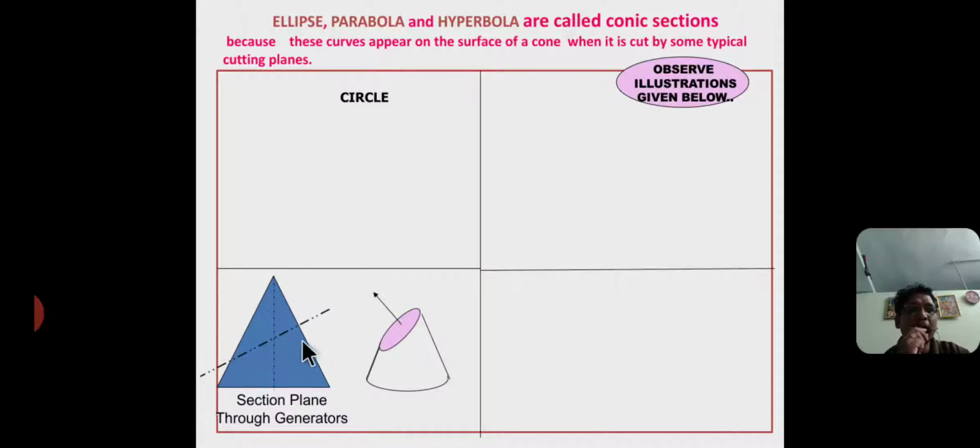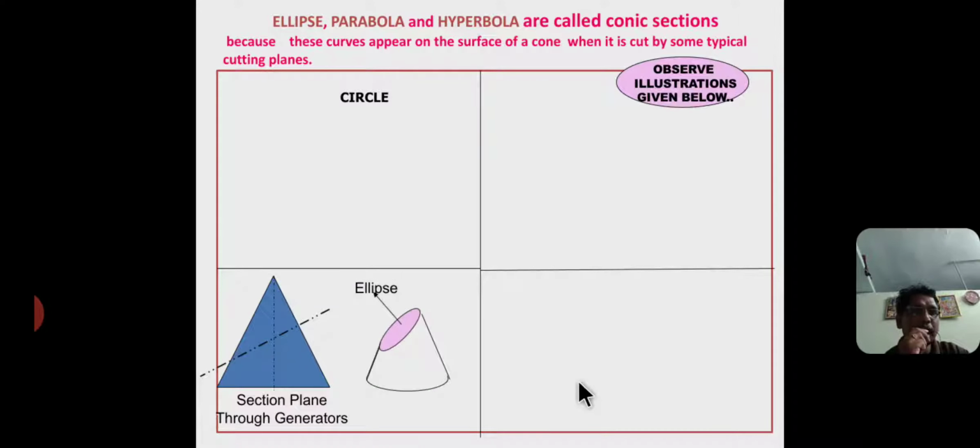If the cutting plane is inclined to the axis of the cone and it cuts all the generators, then the surface obtained is called ellipse. In this case this cutting plane doesn't cut the base, it only cuts the generators.